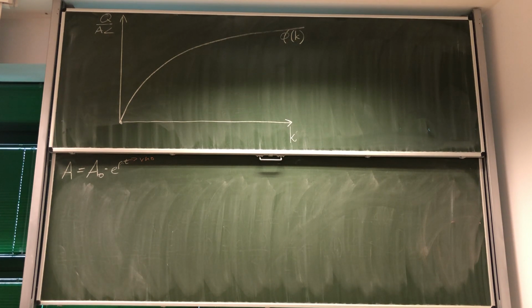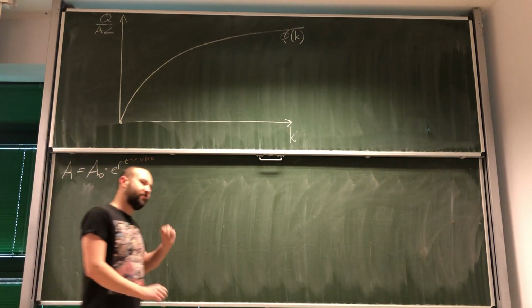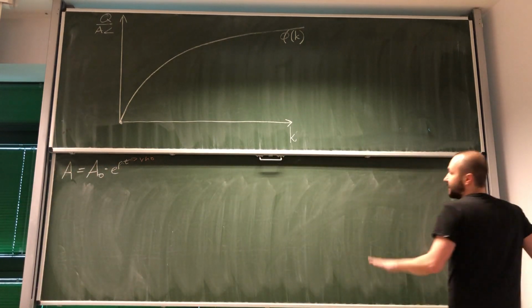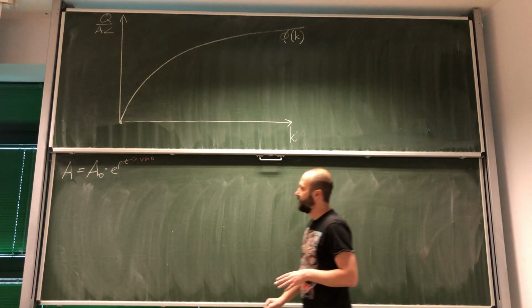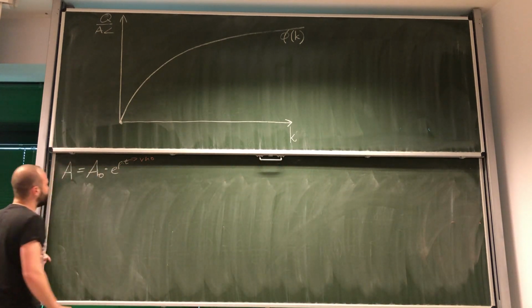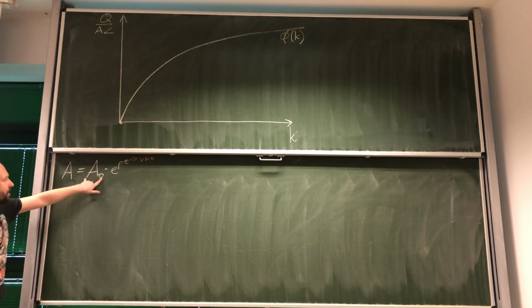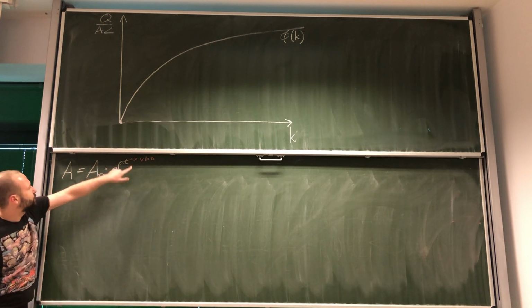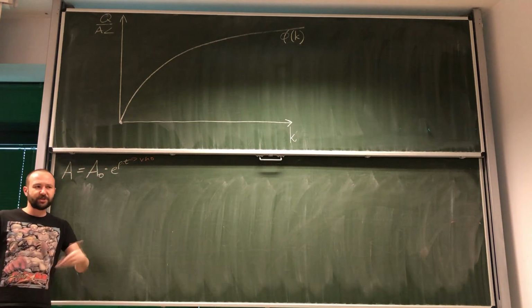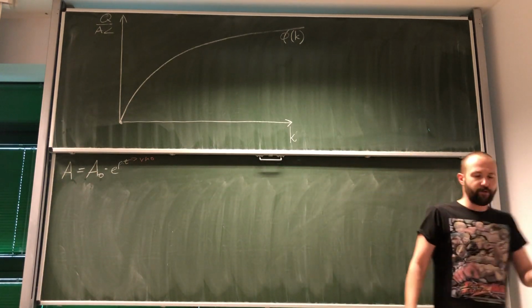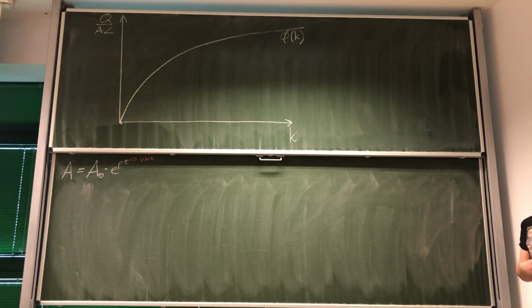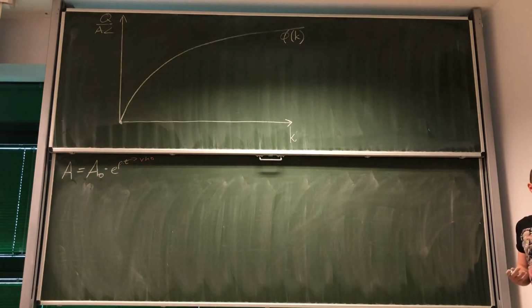Why am I choosing this form? Because as it turns out, this form will guarantee us that this function will have very nice properties and it's going to be very simple to analyze. Look, what do we actually see over here? We see some constant and then some expression with e. Expression with e means we will have exponential growth. But what is the rate of growth in this case?